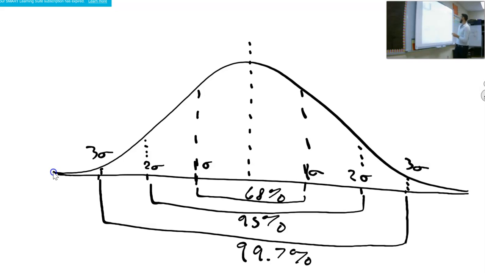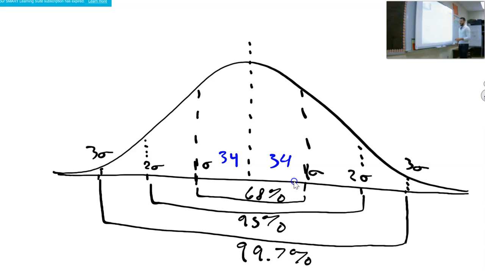Now, the nice thing about this is, based on this rule, we can break up each individual section and get a decent approximation. If we just look at the 68%, that means within each one of these sections, we have 34% and 34% of the area underneath the curve.